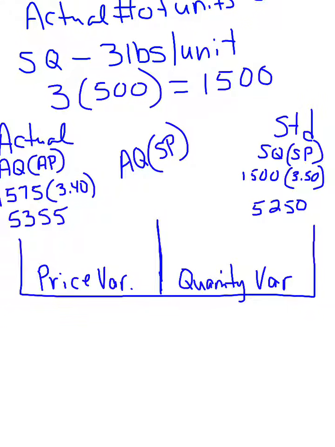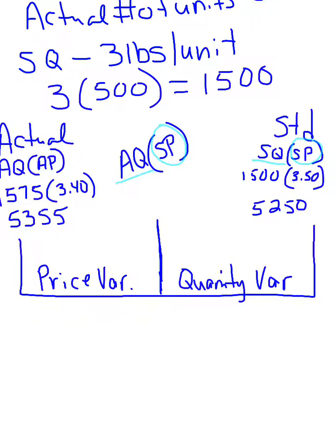When we go from the middle over to the right-hand side, we change quantity. We would have actual quantity here and standard quantity there, with standard price for both of those items. So that is how you can decide what's going on.